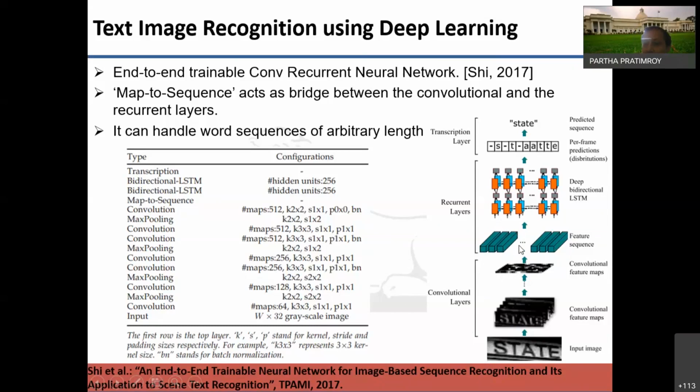This feature sequence we can use in an RNN, LSTM, or BLSTM. We want to recognize what character sequence appears. It could be a state, or it could be a statement. What will be the sequence? So we have these features x1 to x100, for example, for one column. You fit them into this block and you get some result; maybe the result is yes.